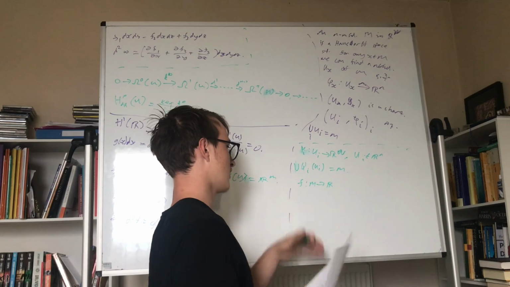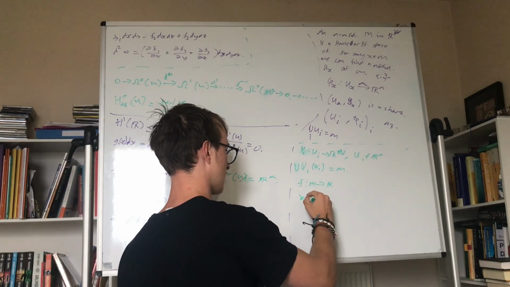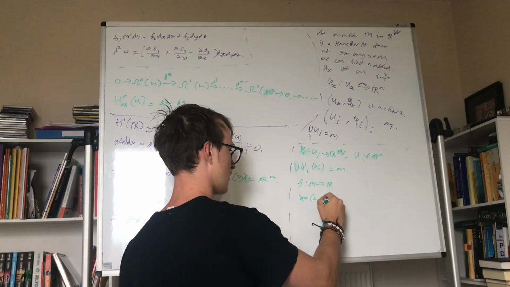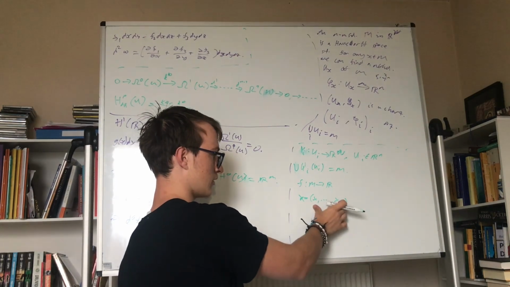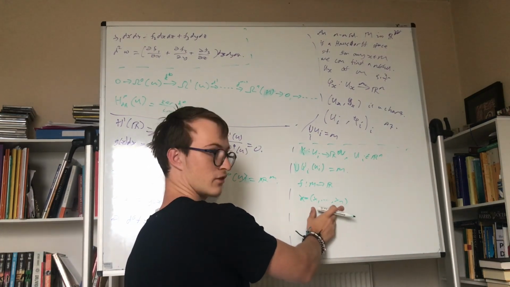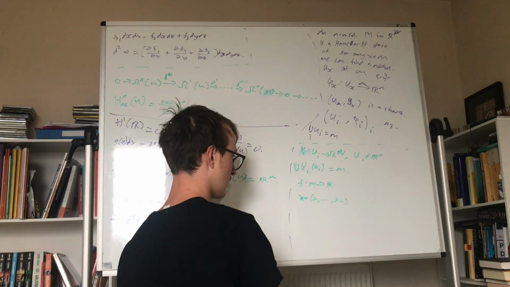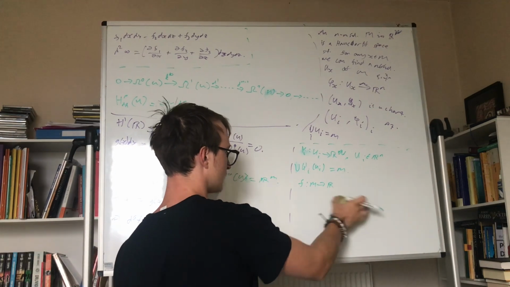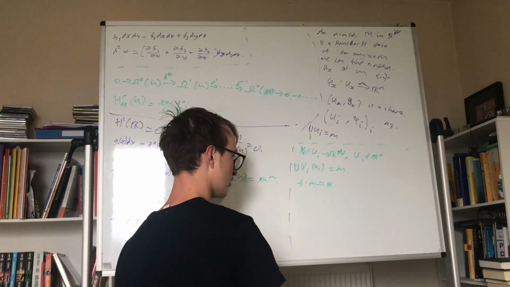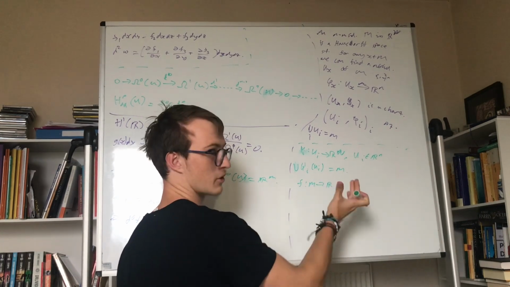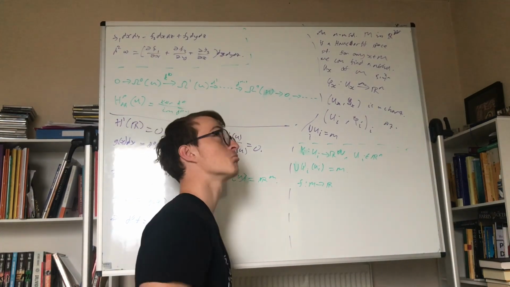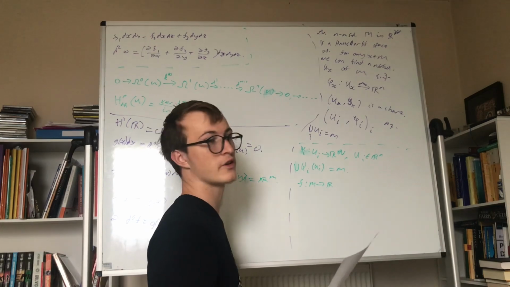Remember, the elements of the manifold are given by some coordinates like this. So it would assign to some element of the manifold x a real number r. And we want to ask, is this function differentiable?